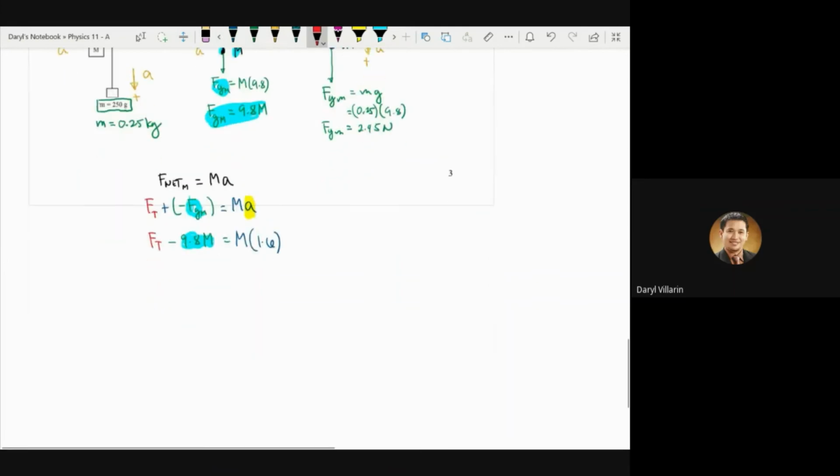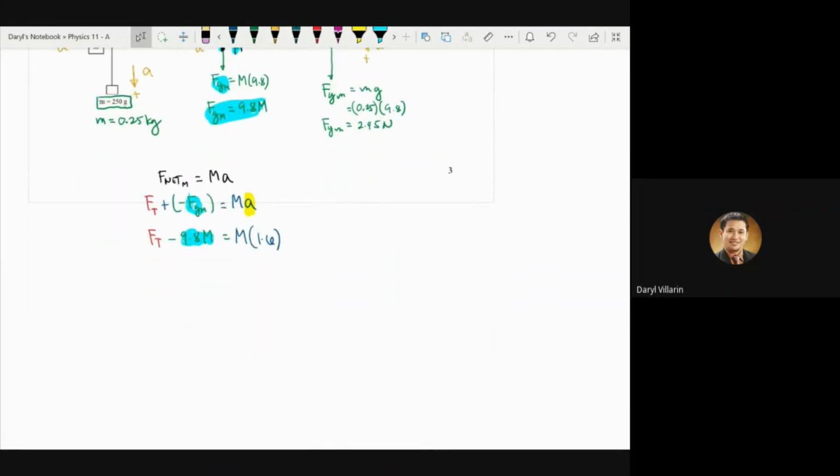So therefore, I can get an expression from my object capital M. I can set an equation of negative 9.8 M is equal to 1.6 capital M. Okay.